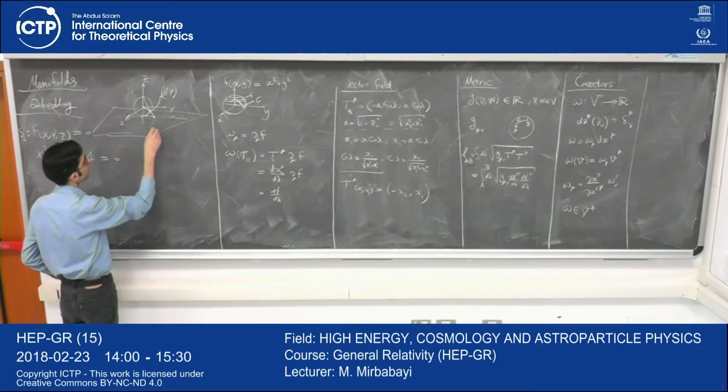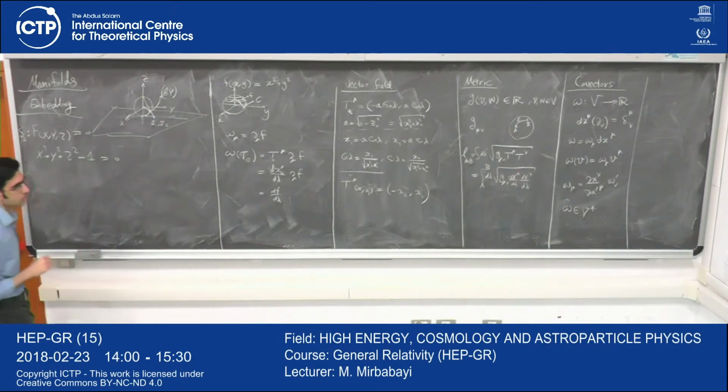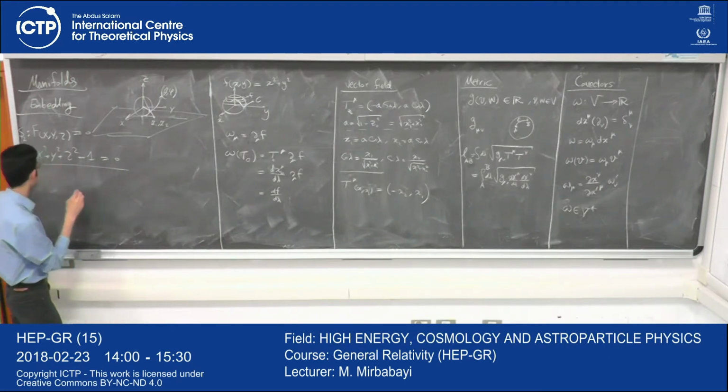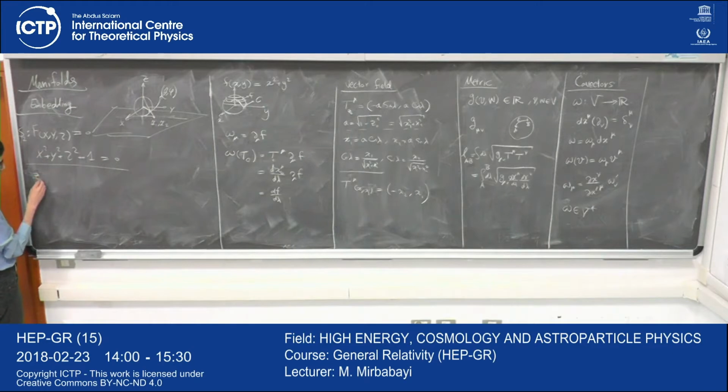Let's call them Z1 and Z2. So let's first ask what is Z2 divided by Z1. Can you tell me what is Z2 divided by Z1 in terms of theta and phi?